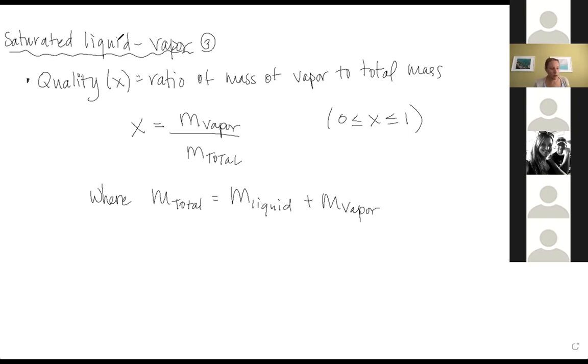Okay. So we use X, we use quality. X can be used to calculate specific volume, pressure, temperature, and other parts of equations.